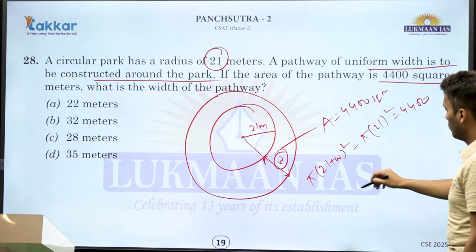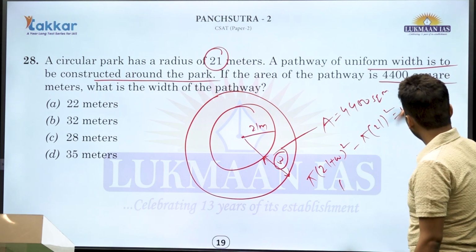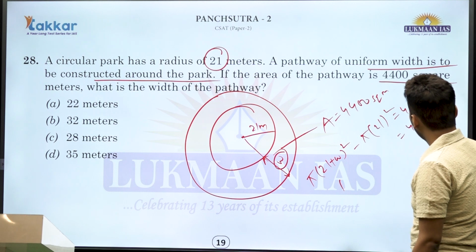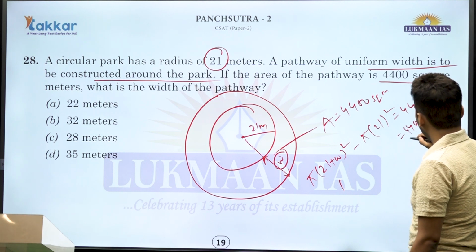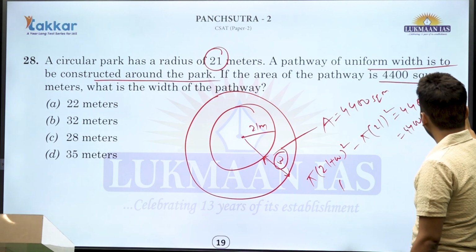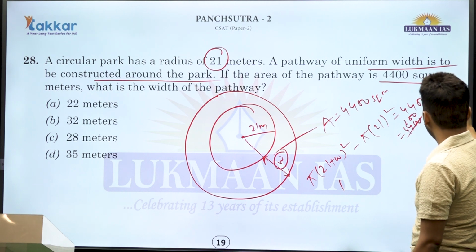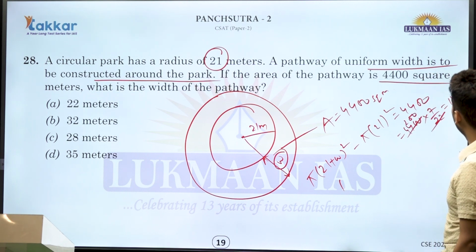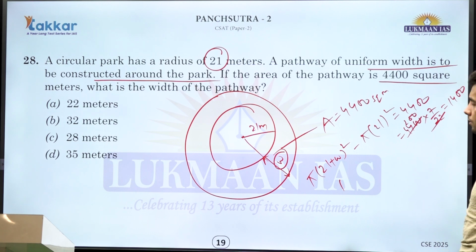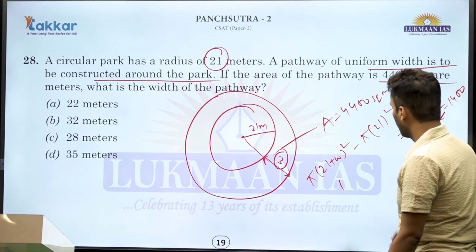Okay. So take pi common and send it to that side. It will become 4400 by pi, that will become 4400 times 7 by 22, 200 times 7, that is 1400. This is what we get.